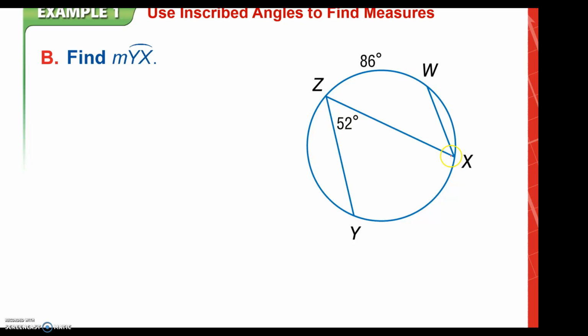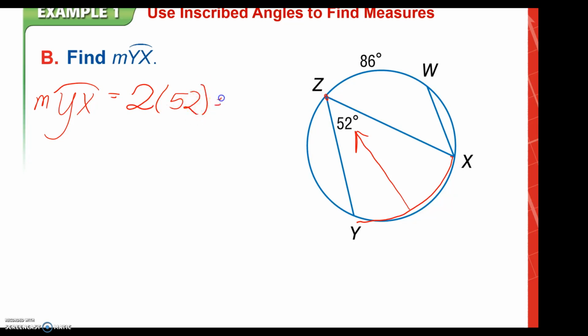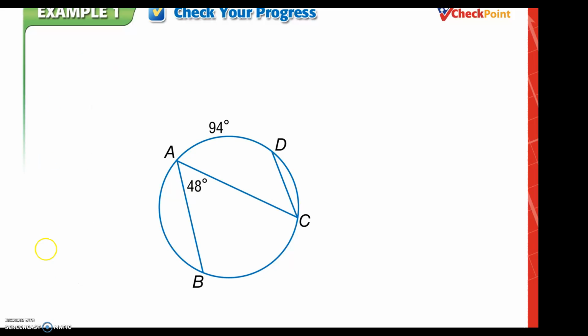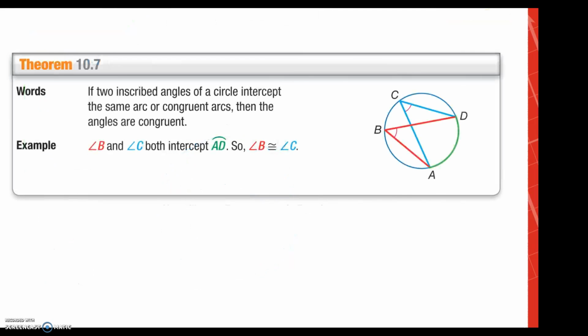YX then is the intercepted arc opposite of angle Z. So the arc measure of YX equals twice the intercepted angle of 52, which is 104. Okay, I'll go ahead and let you work those out.